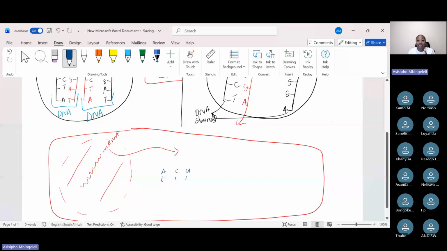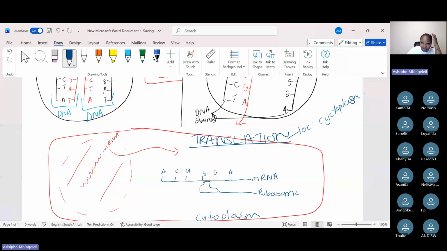This is where the second phase is going to take place, which is translation. All of this is taking place in the cytoplasm. So the location is the cytoplasm for this particular stage. The ribosome is found in the cytoplasm.